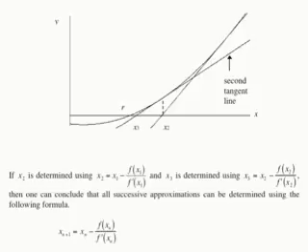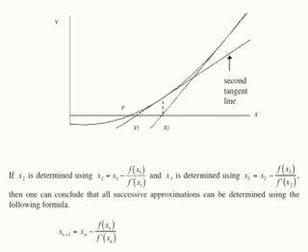Then we drew another tangent line to the curve at x2, and found that its 0, x3, was an even better approximation, found using x3 = x2 - f(x2) / f'(x2).